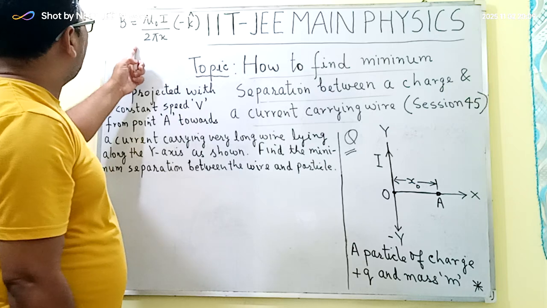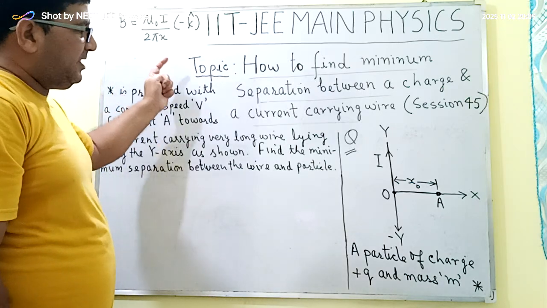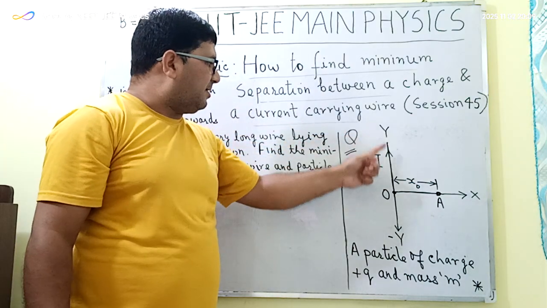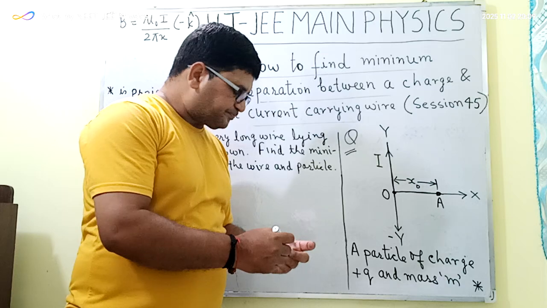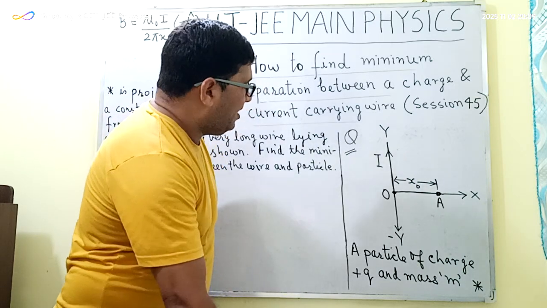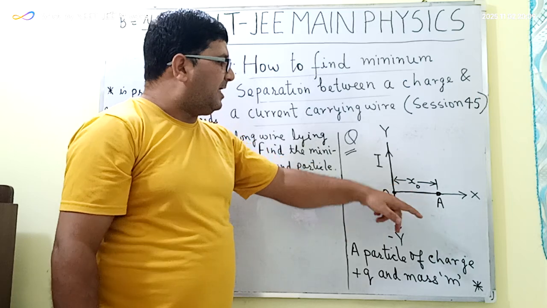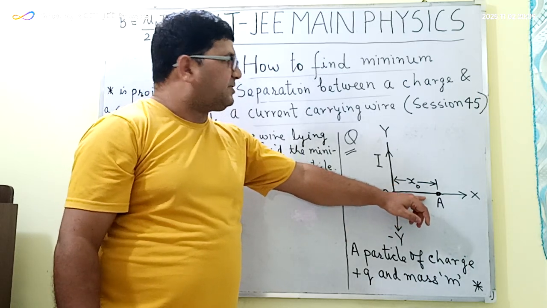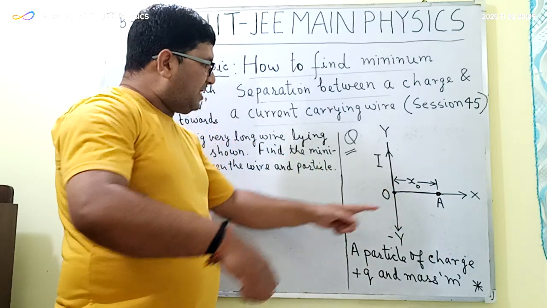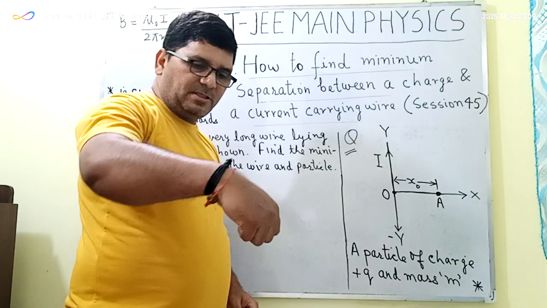So we have found the magnitude of the magnetic field due to this very long current carrying wire. Now I will be using Fleming's right hand rule in order to find the direction of the magnetic force on this charged particle. The charged particle is moving towards the origin.